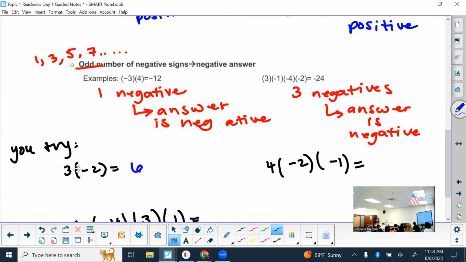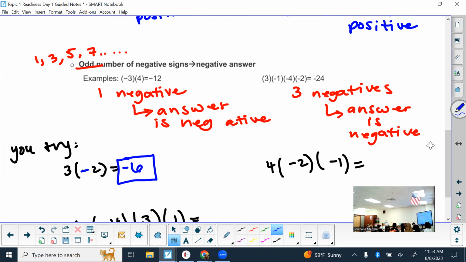How many negative signs do I have in this multiplication problem? 1 is even or odd. So my final answer should actually be negative. All right, but yeah, 3 times 2 is 6. The sign will depend on how many negatives there are. So since there was 1, there's a negative. Good.